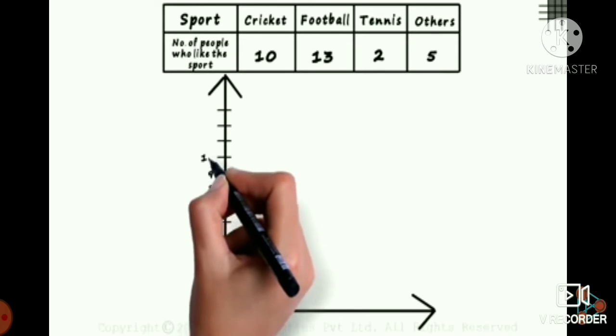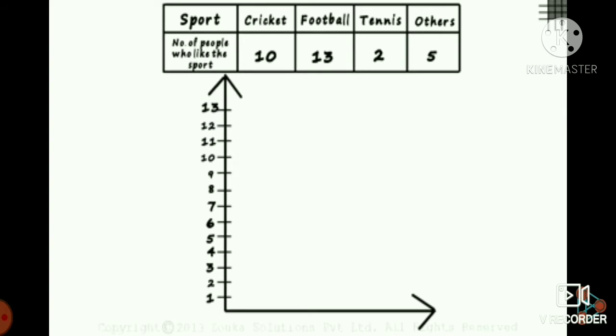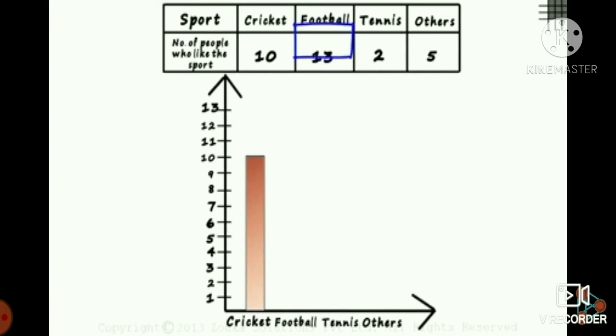Along the y-axis we have taken the number of people. Along the x-axis we have taken the sports. The first one is cricket, then football, tennis and others. How can you draw this bar graph?